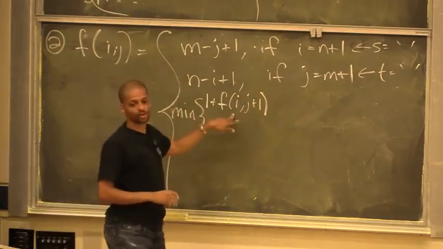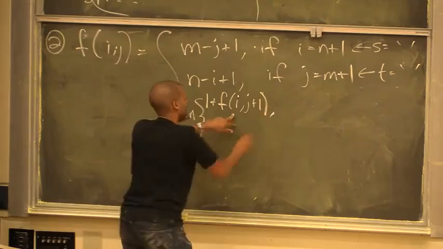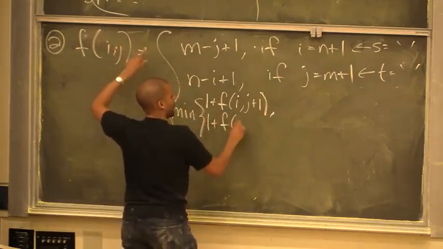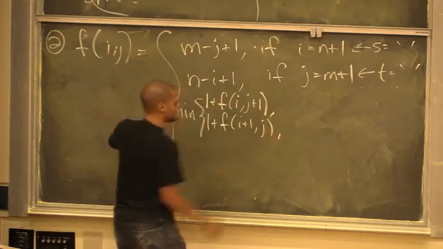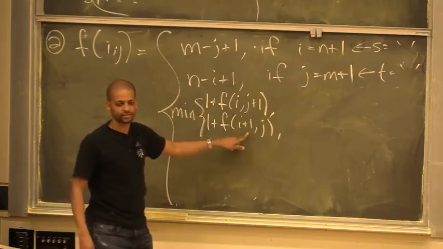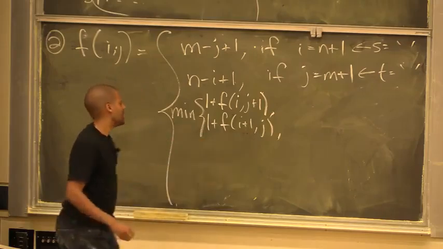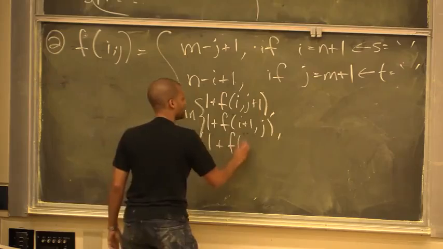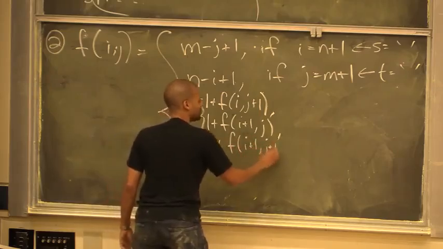This corresponds to inserting the first letter of T before S. I can also delete. If I delete, I'll have 1 plus F of i plus 1, j, because I deleted the first letter of S. Okay. And the other option is substitution, which costs 1 plus F of i plus 1, j plus 1.